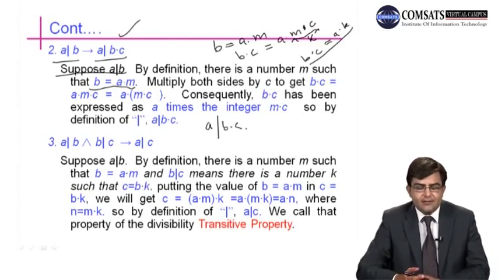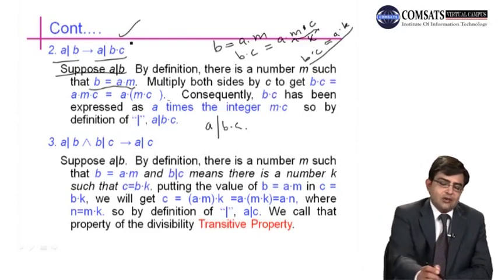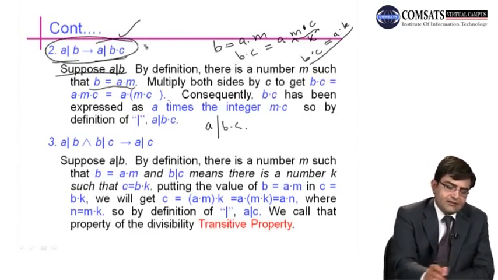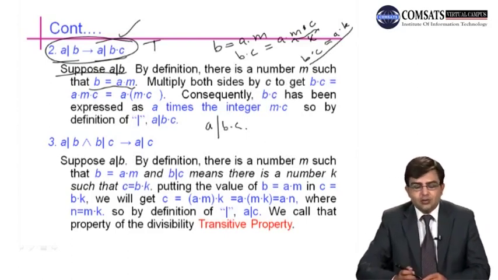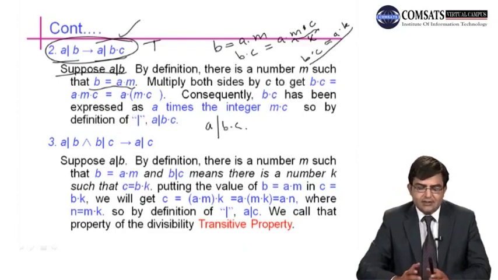So we can say that by supposing that the hypothesis is true, we have proved that the conclusion is true. So this whole conditional statement is true for any integers A, B, C. This is basically a universal statement, or you can say that this is a general result.